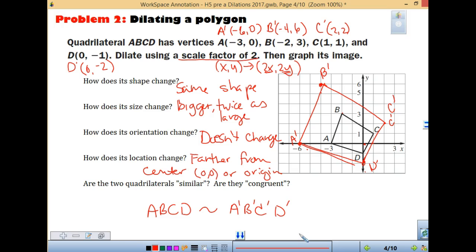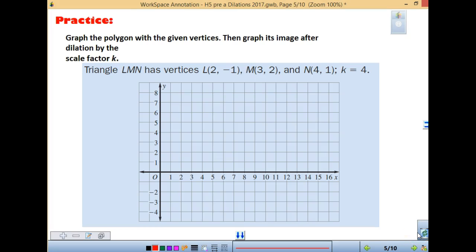So the next one down in your notes asks you to first draw this LMN. It's a triangle. So right below this, I want you to tell me L prime. And what they're telling us is that k is 4.